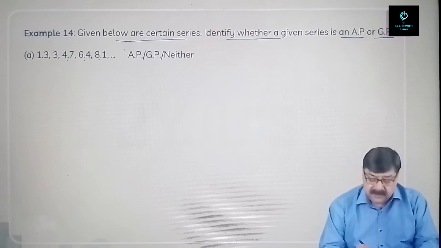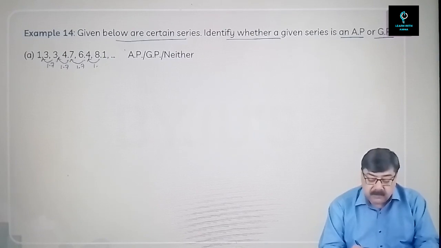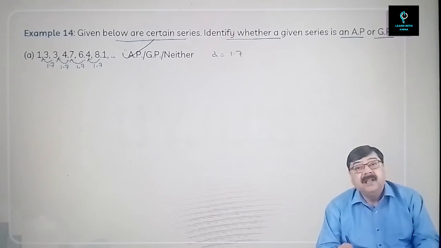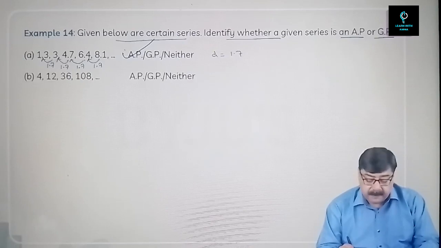Well, let's take the difference. 3 and 1.3, the difference is 1.7. 4.7 and 3, the difference is 1.7. 6.4 and 4.7, the difference is 1.7. 8.1 and 6.4, the difference is 1.7. So here, the difference is 1.7, the common difference. So this happens to be an arithmetic progression.